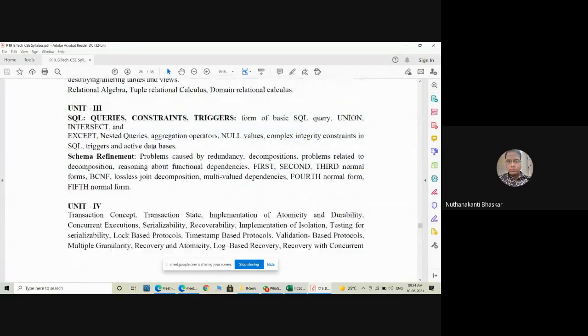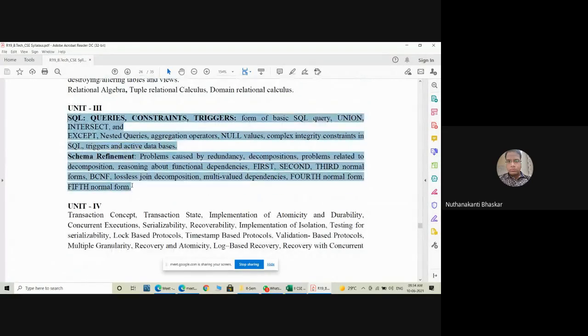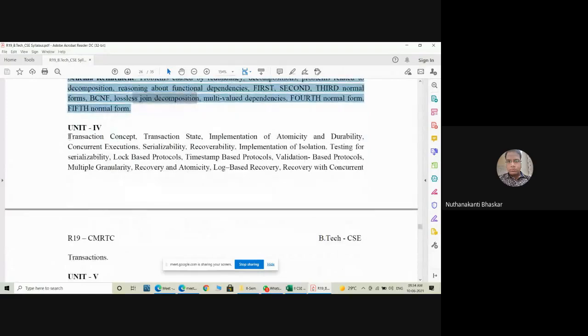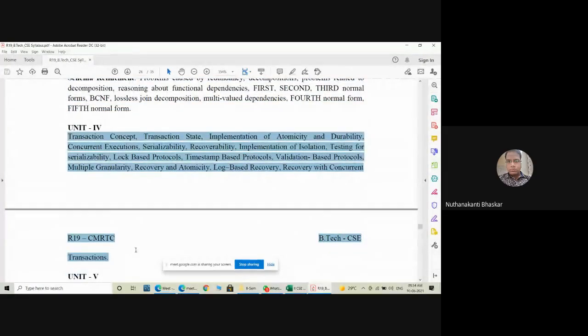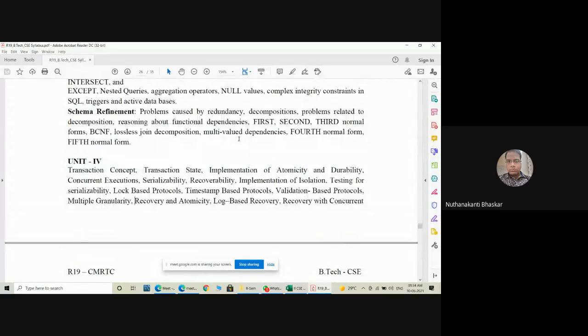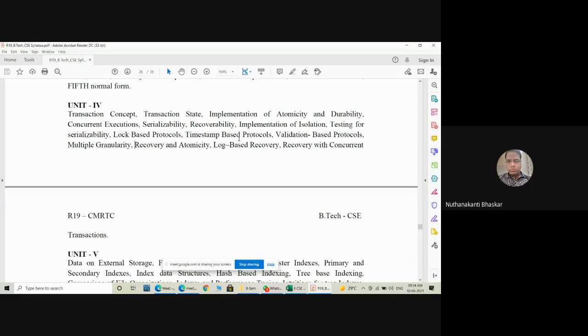If your database is not successfully implemented, we cannot develop transaction management on it. Because if you have followed all these normalization techniques and ER model techniques, then we can design a logical database design. Once the logical database is designed perfectly, then there is a chance for transaction management.